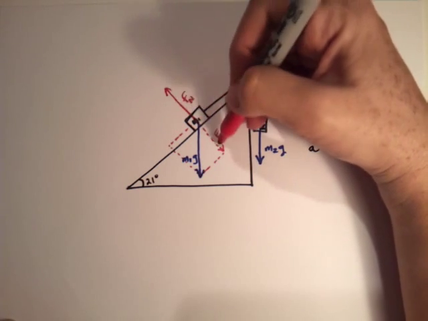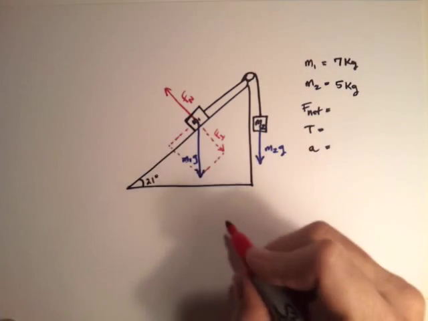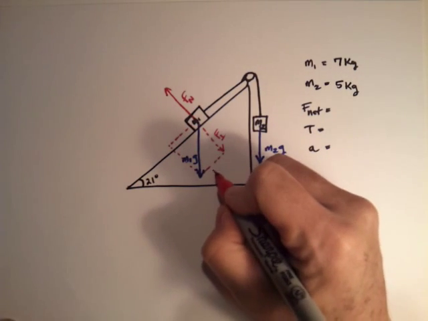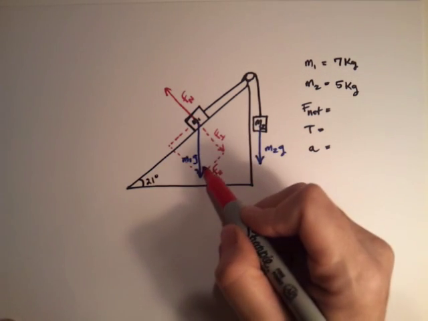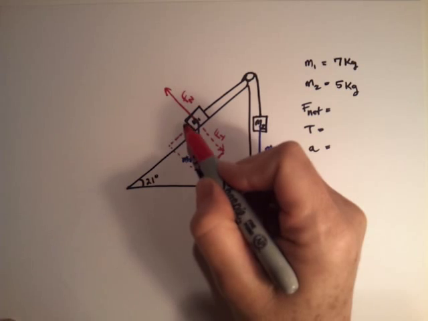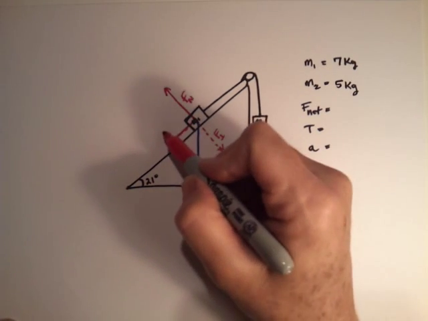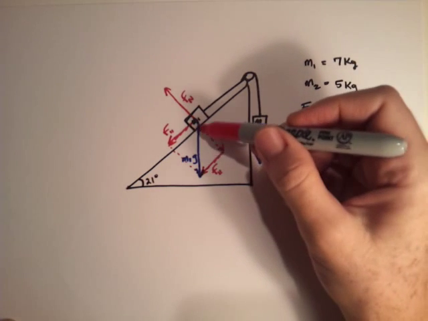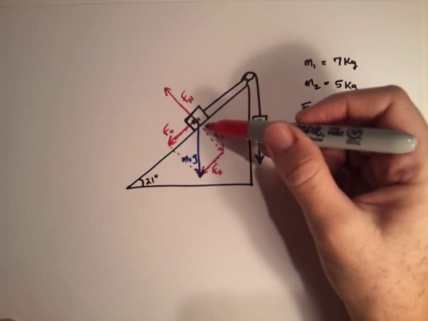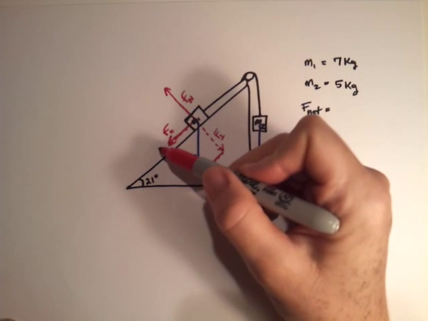So I know that these two forces are balanced. This is going to be considered my F parallel. This direction, this is going to be moving down. So this is really my F parallel up here, if you look at it like that. So I've broken my weight down into this component and this component.